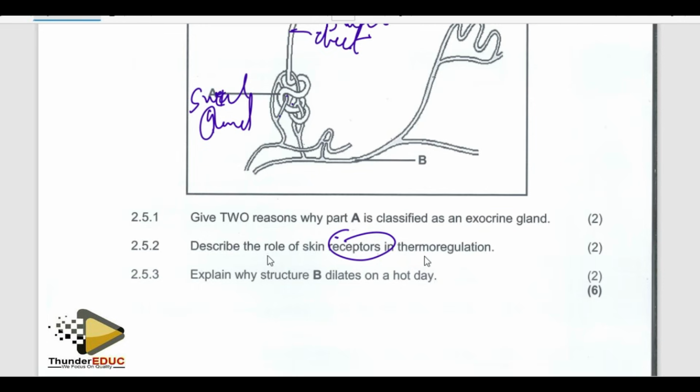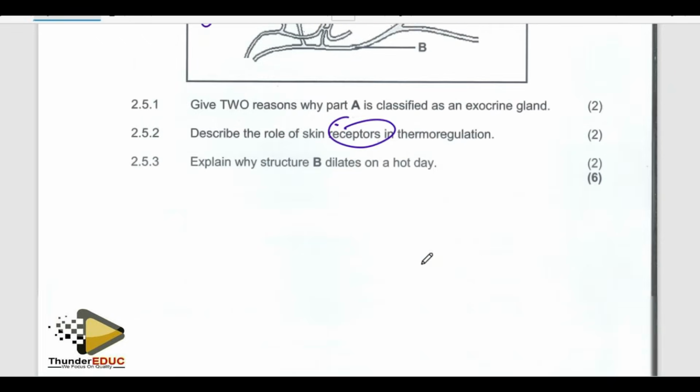Basically, the skin receptors detect the change in temperature and convert the stimulus into a nerve impulse, which is sent along the neuron. So now, detection is a marking point, and also conversion of the stimulus into a nerve impulse is another mark. Explain why structure B dilates on a hot day.